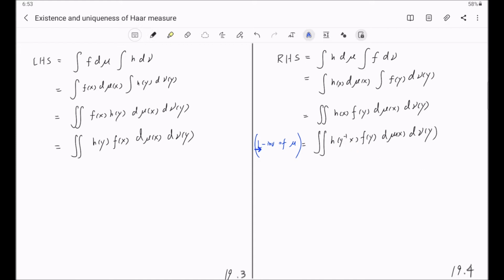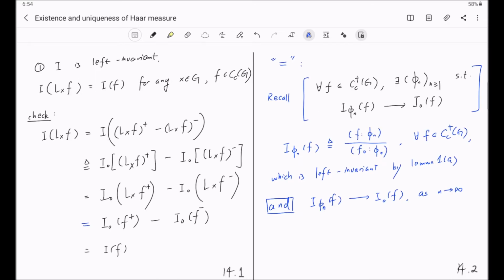So here we're using the left invariance of mu in its functional form. You can think of this as L sub y inverse applied to h, acting on x.